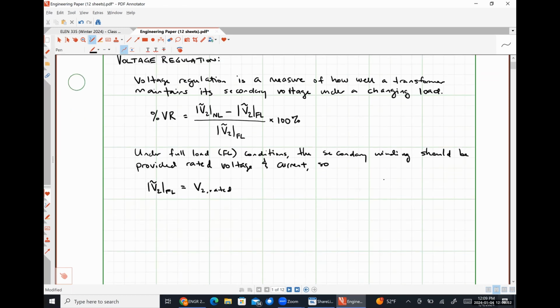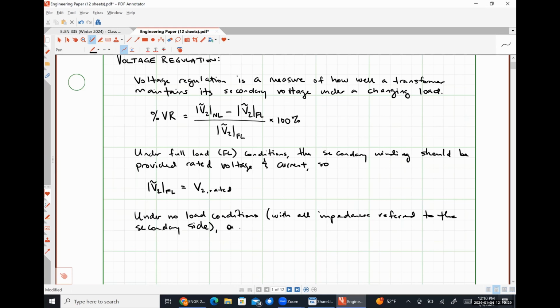Under no load conditions, it's a little bit more difficult. So under no load conditions with all impedances referred to the secondary side, our transformer equivalent circuit looks something like this. Back here, so I can have a picture of it.